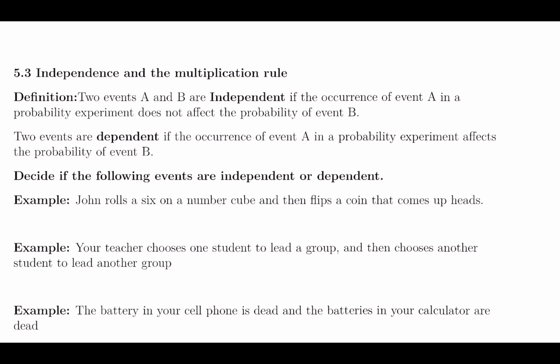All right. Up next, we're going to get into something called independent events and dependent events. An independent event means that one event shouldn't influence the probability of the next event occurring.